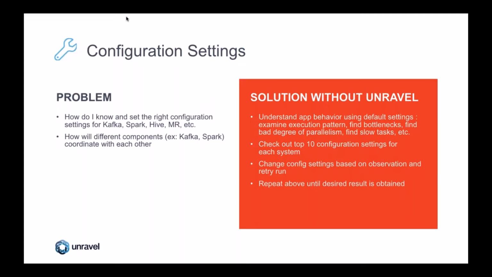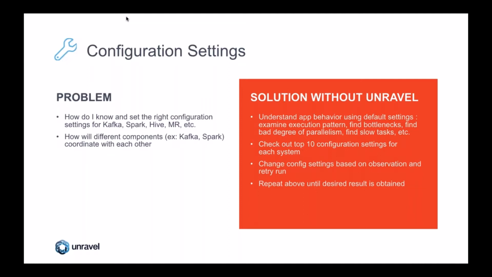And then you would pick maybe the top 10 configuration settings for each of these, because again, all these settings are in the hundreds. It's not possible to manually tune all of them. So maybe pick up 10 of them. And then you would try adjusting these configuration settings a little bit at a time and rerun that application to see if you were able to affect the performance in a positive or negative way when those configuration settings were deployed, right?